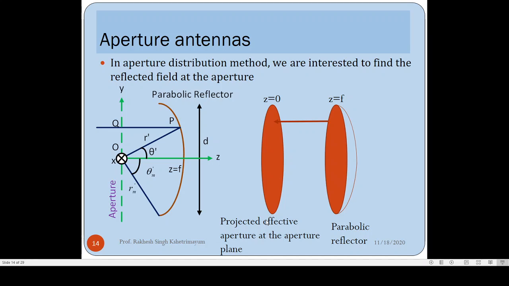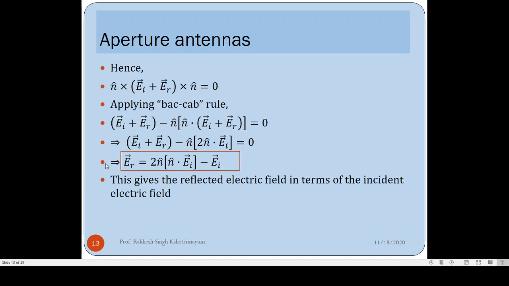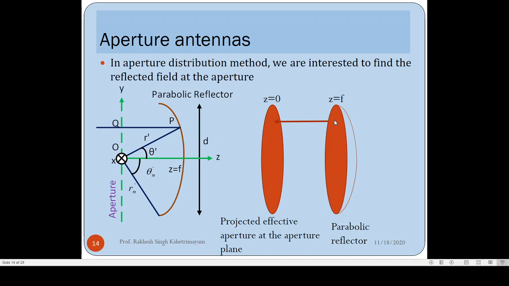That is the technique we are going to use for finding the far-field radiated pattern of the reflector antenna. So we are interested in finding the fields at this aperture plane, and what we have here is E reflected equal to 2n(n·Ei) minus Ei. That is the reflected field at this location.